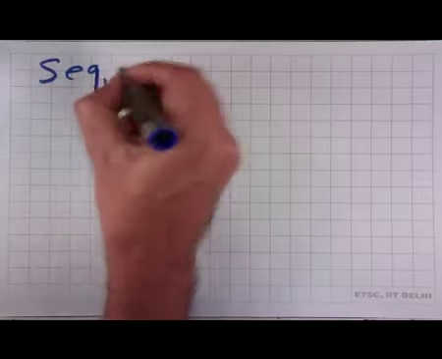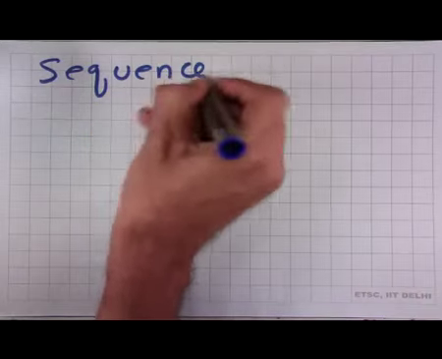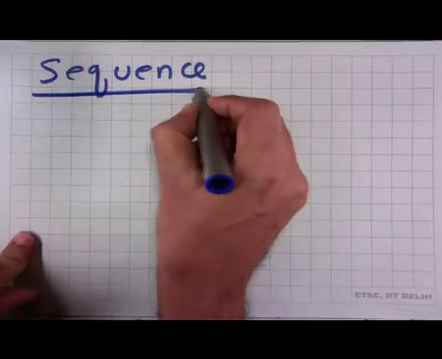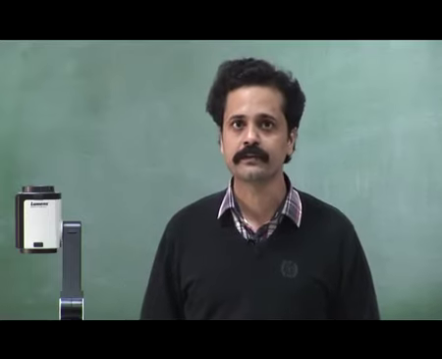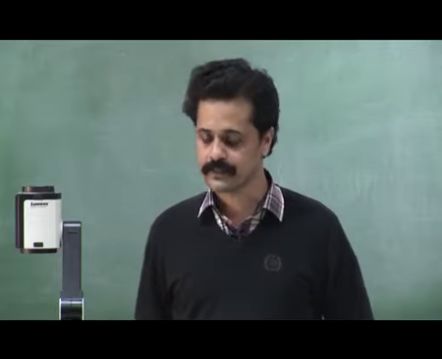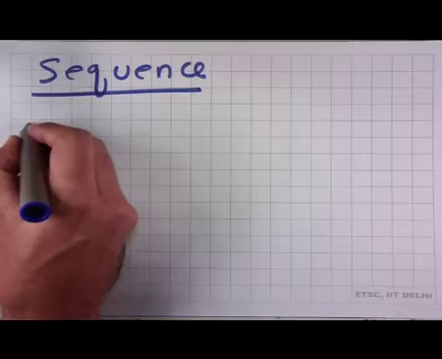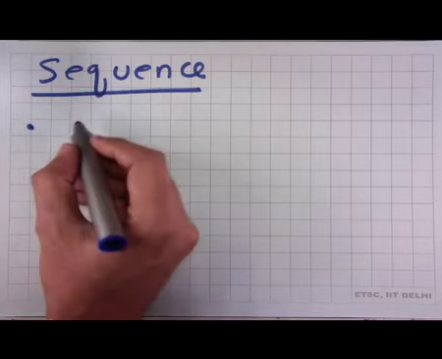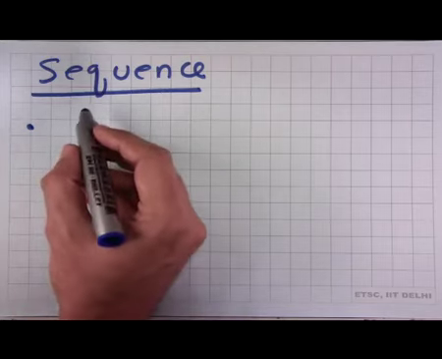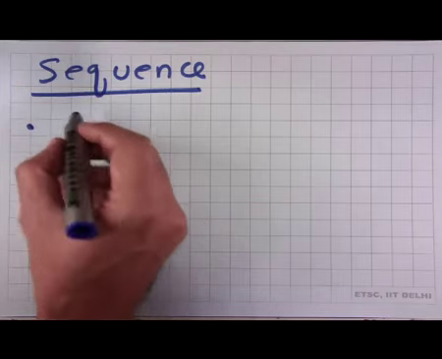Let us look at the word sequence in mathematics. To begin with, let me give a couple of examples. First example, I list even integers.